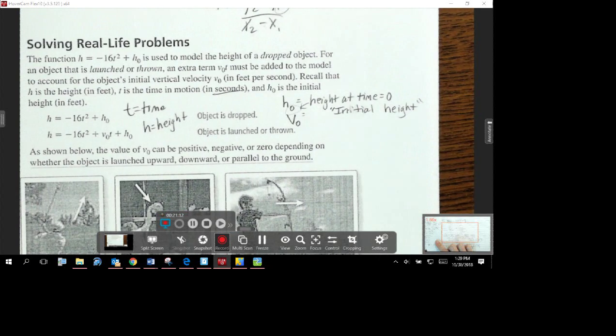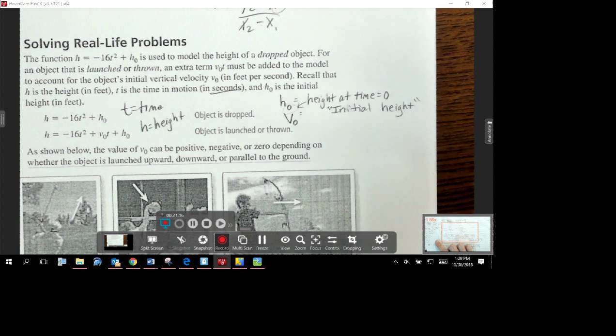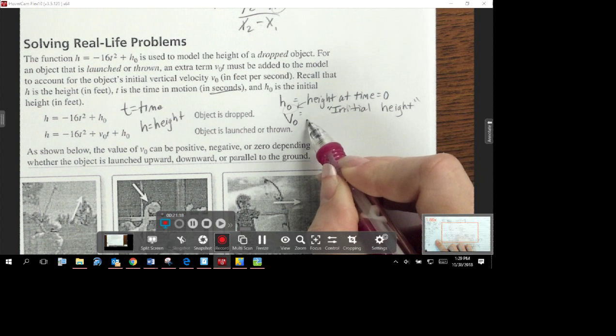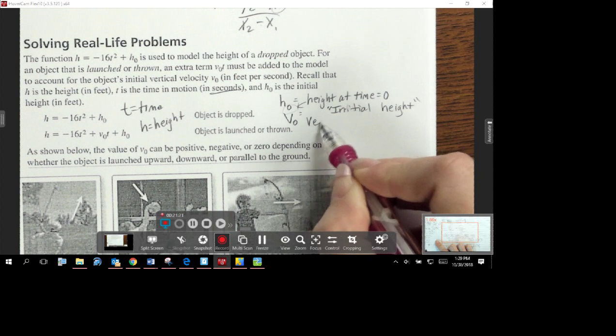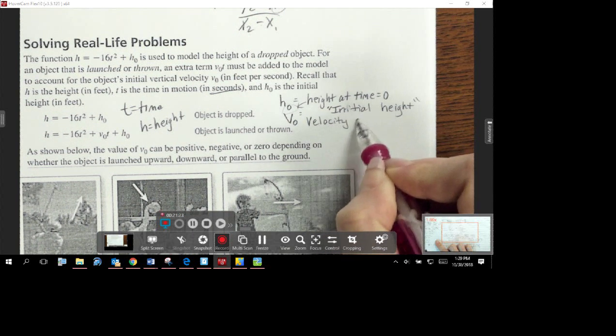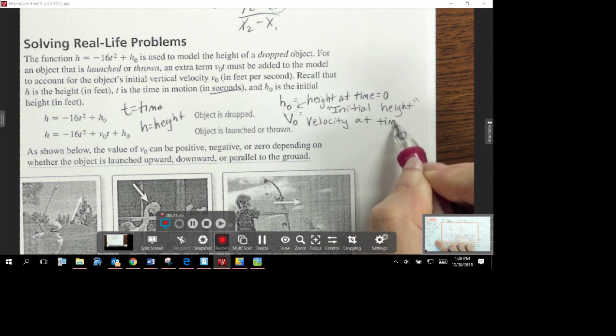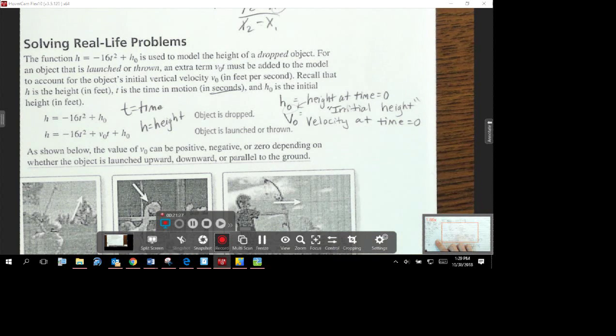And then v sub 0 is going to be the initial velocity, and it's the only velocity that we use for this. So it's the velocity that happens right when I start, or when I throw that box.